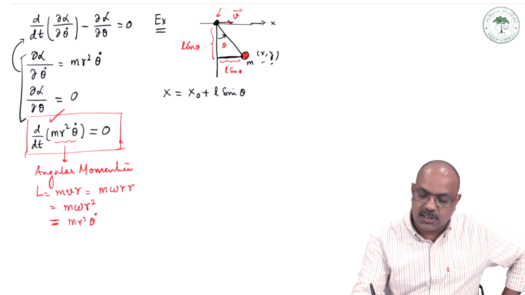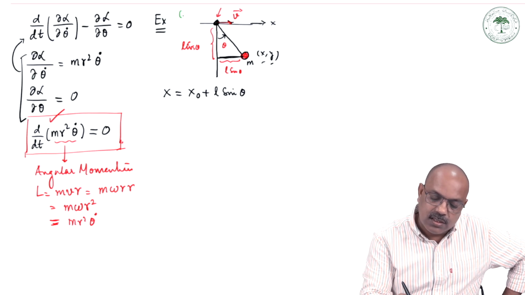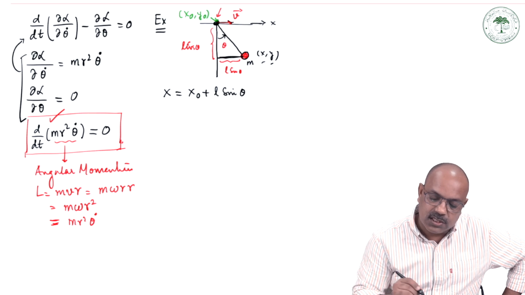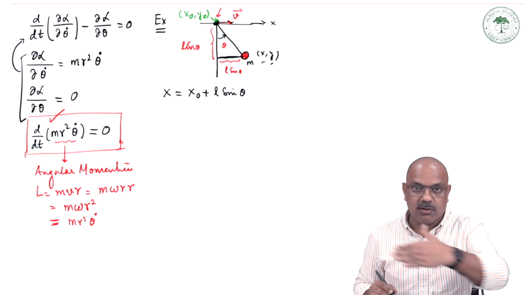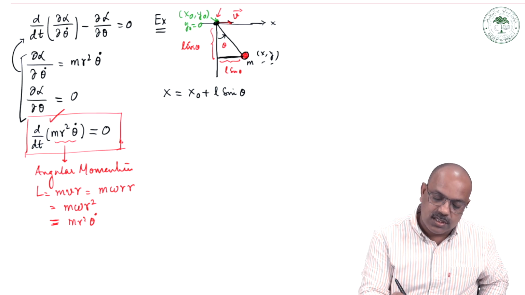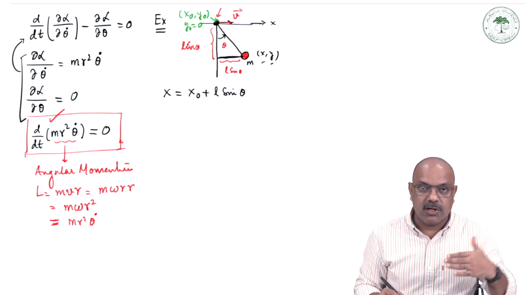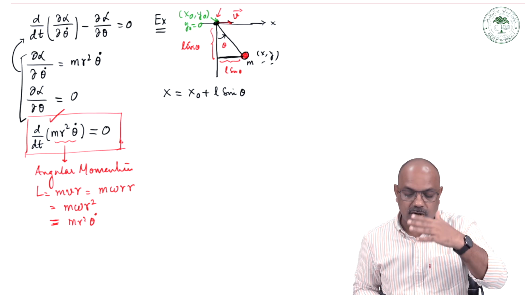Okay, so this position is x naught, y naught, but y naught is 0 because it is a reference point along the x-axis. So I just have x naught, and what is x naught? Because it's moving with a constant velocity, that is going to be vt.